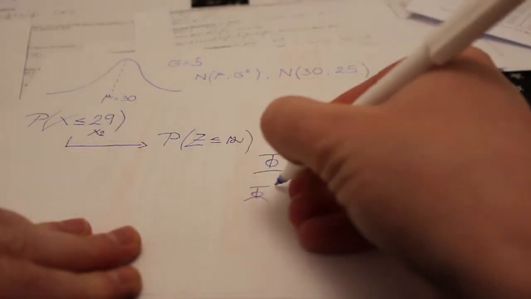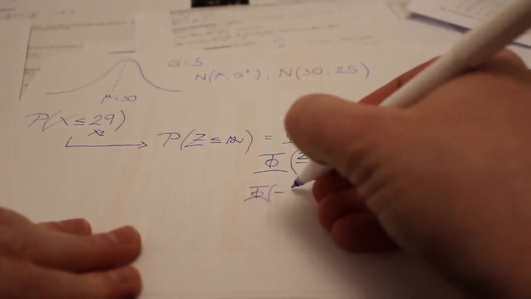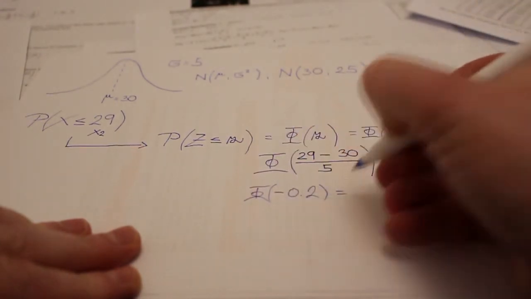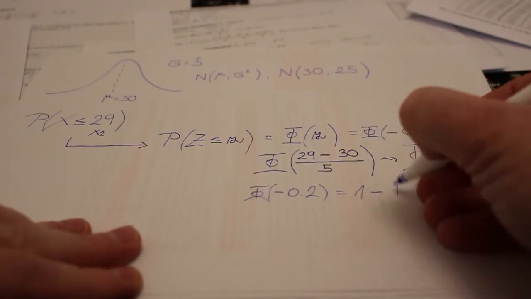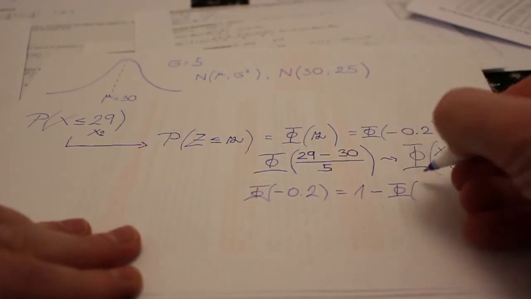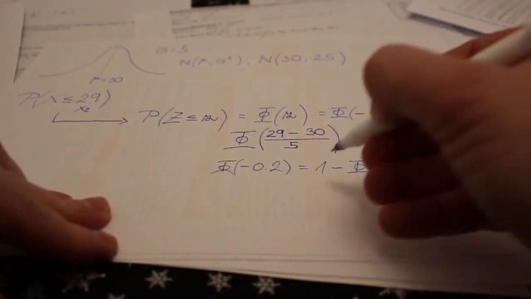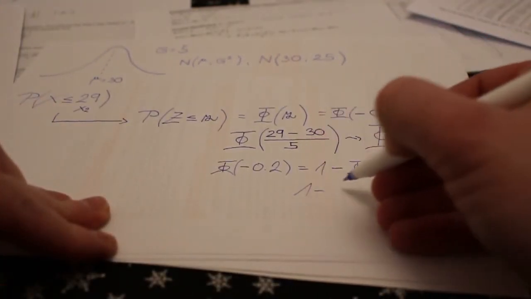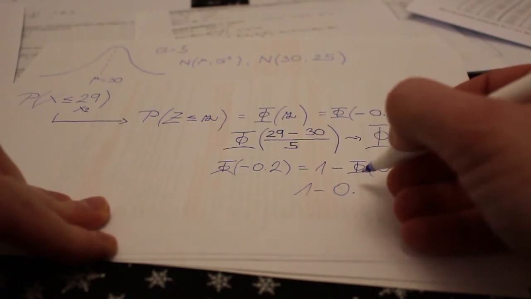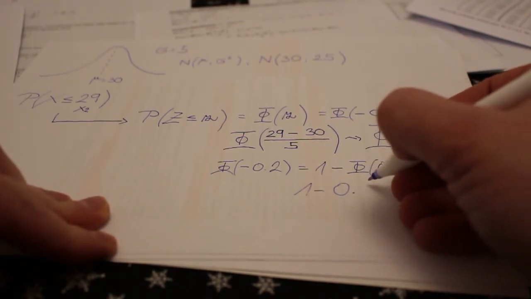So distribution function phi in point minus 0.2 will be calculated like 1 minus distribution function phi in point 0.2, and we know that this is 1 minus 0.57926, which we already found.